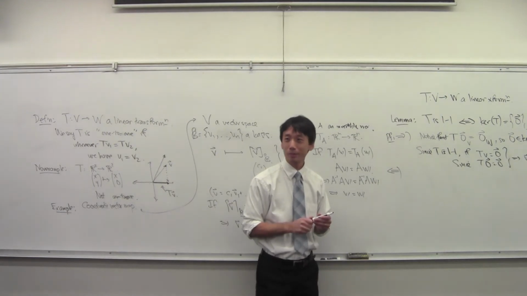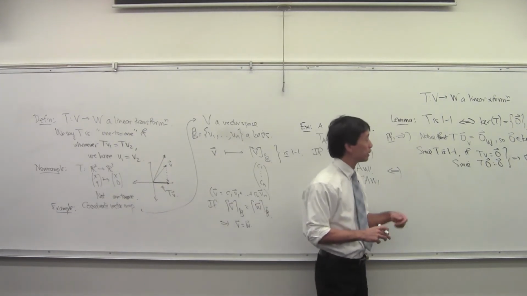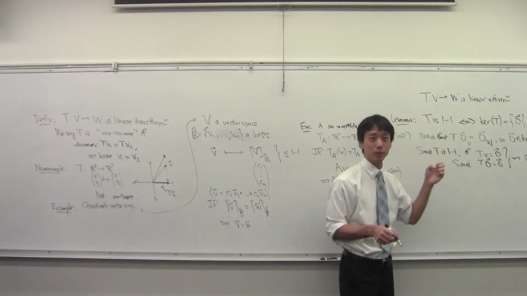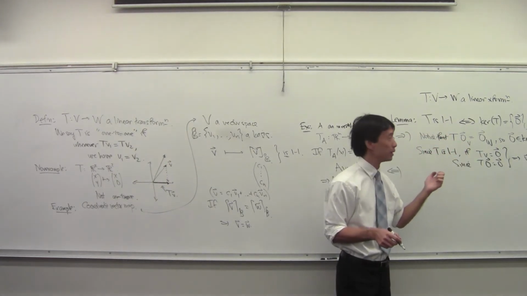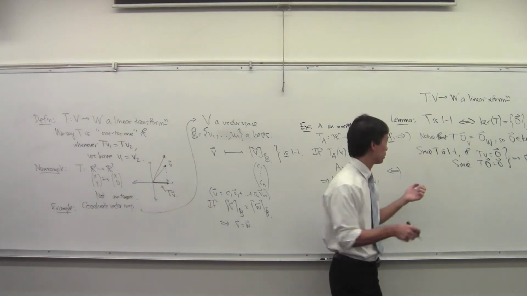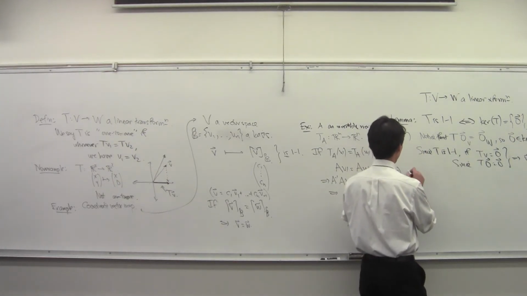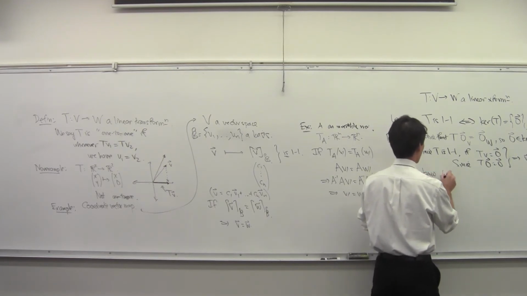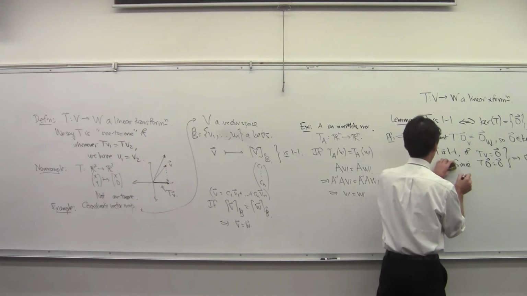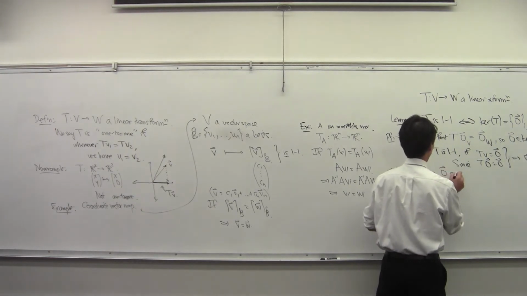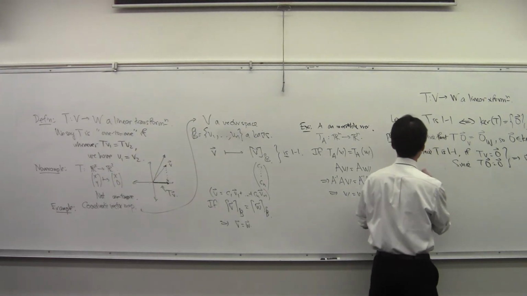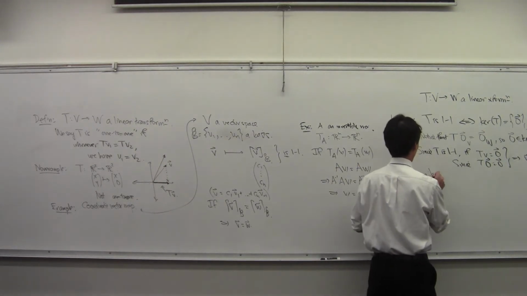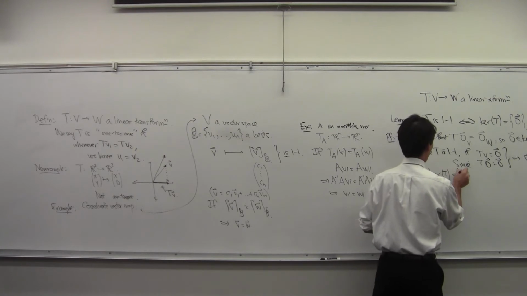Okay, great. Okay, so now let's think about the opposite direction. Well, suppose we know that the only thing that is sent to 0 is 0. Okay, 0 is sent to 0, but it's the only thing that's sent to 0. So assume that the kernel of T is the 0 vector.